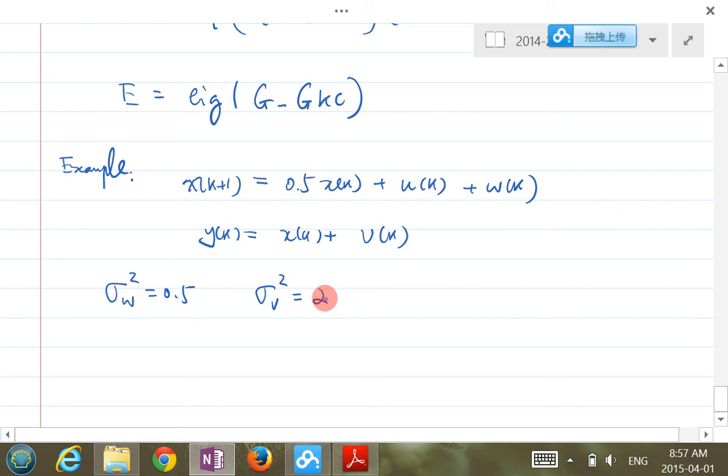Can you calculate the value of the Kalman filter gain K for the steady state one? Steady state optimal Kalman filter gain. So what is the capital K here at steady state? So what do we do?